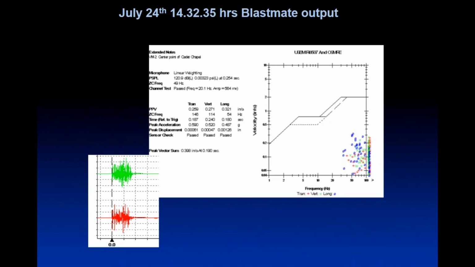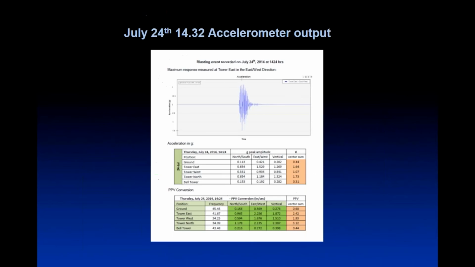So we got slightly different frequencies at different places on the structure. 1.8 though, we looked at that, and we looked at the criteria required by law in New York State, and found that, well, it complied. It was okay. And then we looked at how the structure was going to really behave.